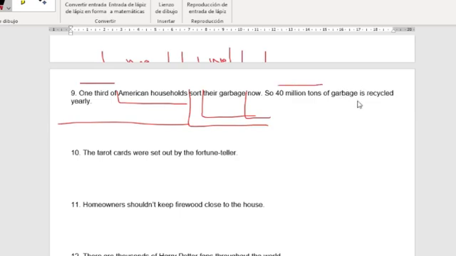Garbage, noun. This? Be. This? Recycled, verb. That's the be. And this? The adverb. Yes, it's an adverb. Okay.